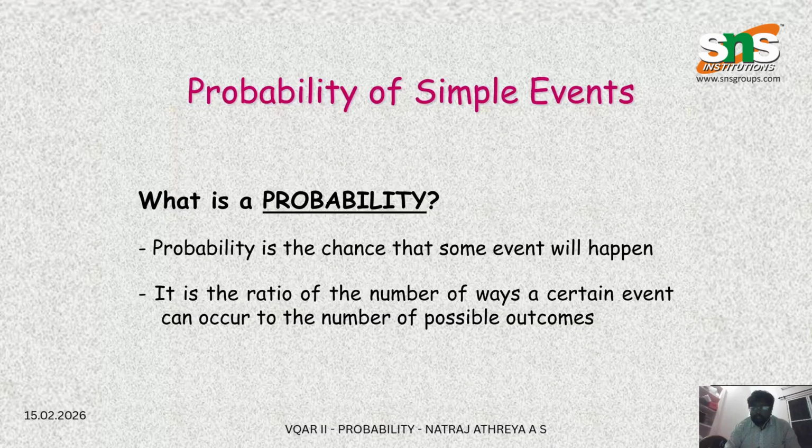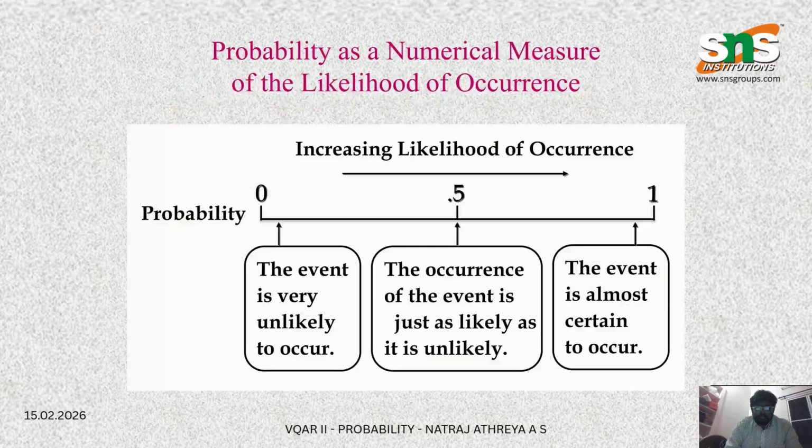Something like taking the king of spades from an entire pack: picking any particular card from the pack of cards would be 1 by 52. So it is similar to that. Probability is a numerical measure of the likelihood of occurrence.